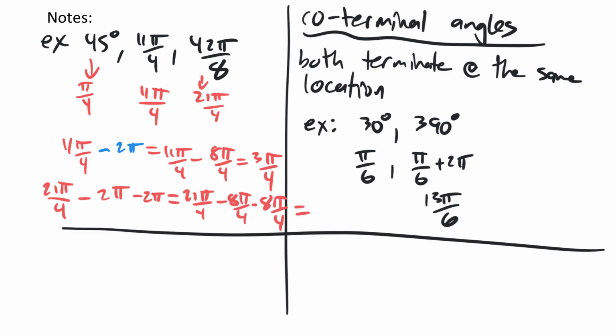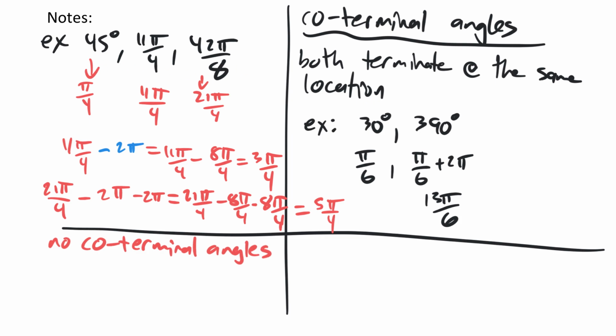So 21 minus 8 is going to give us 5 pi over 4. Oh no, well that's different from both of them. So the answer here is that no coterminal angles. Bit of a tricky question there. None of these 3 angles are coterminal.